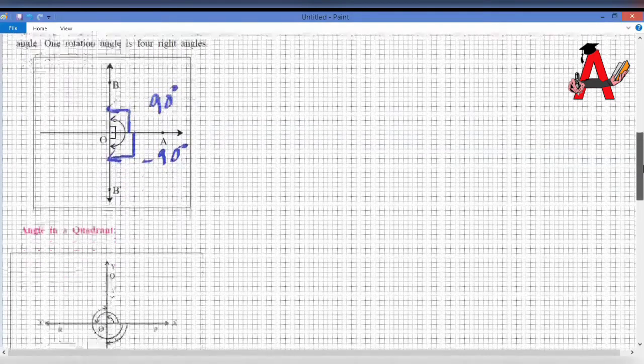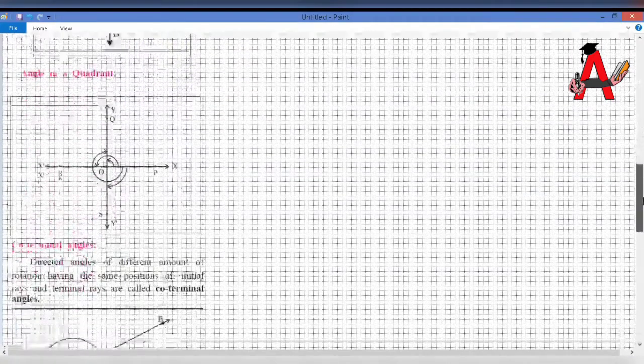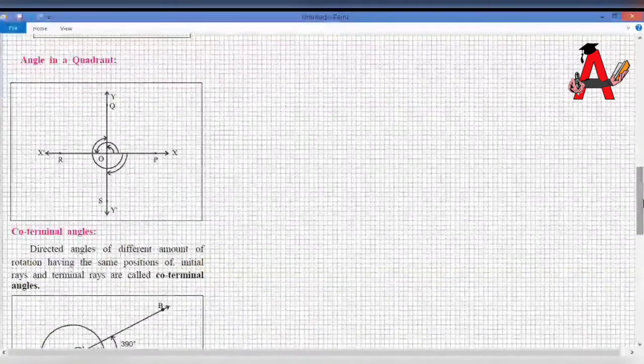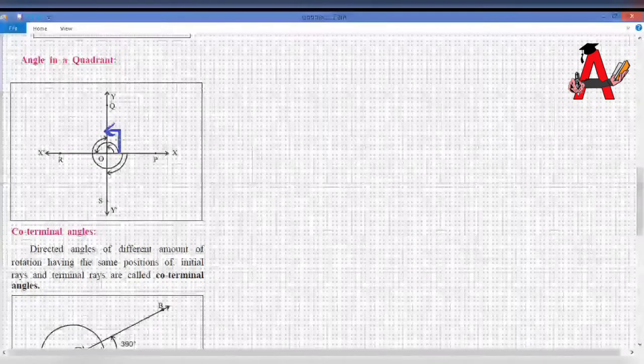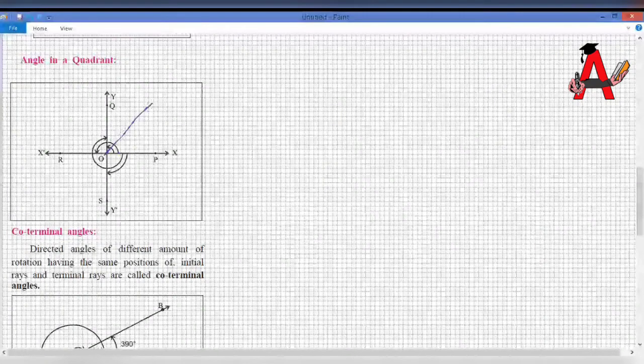Let's try and understand something more. Angle in a quadrant. When there is an angle which is part of one quadrant, for example, this particular angle is 90 degrees. This angle is touching the first quadrant. That is an angle in a quadrant. So any angle in the respective quadrants is called an angle in that quadrant.